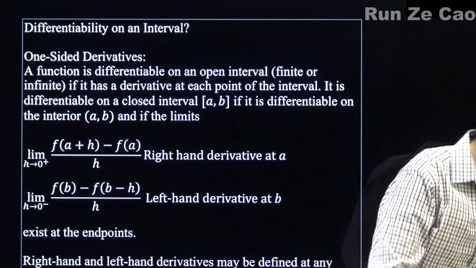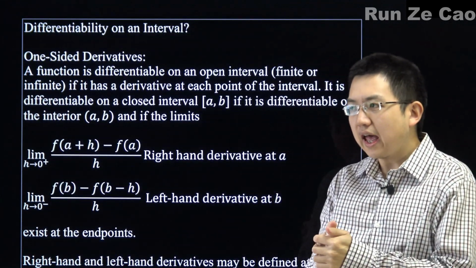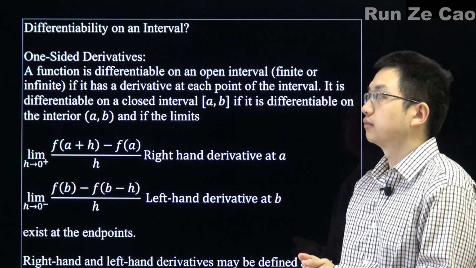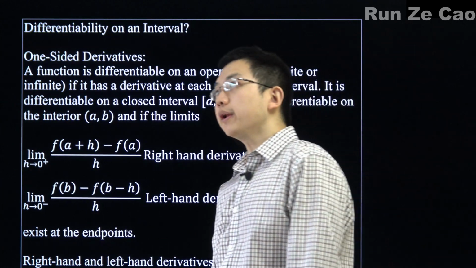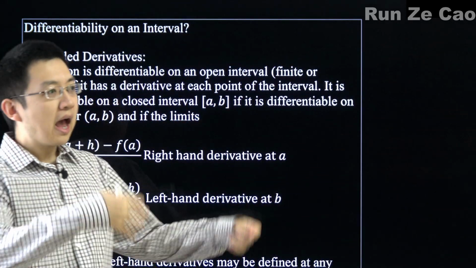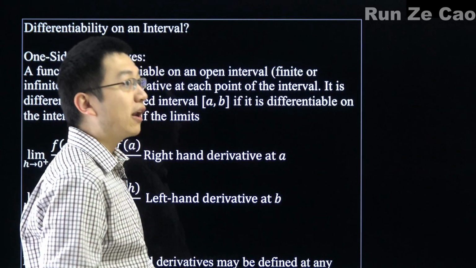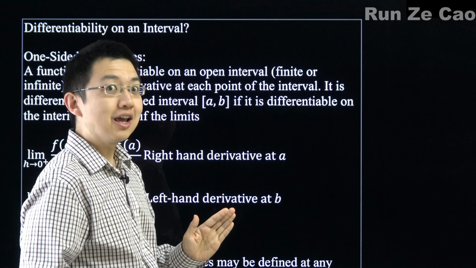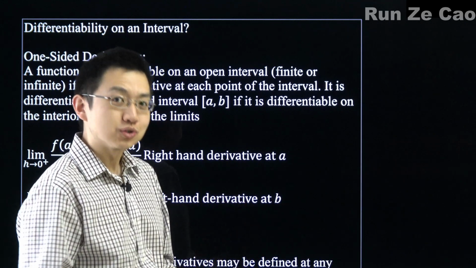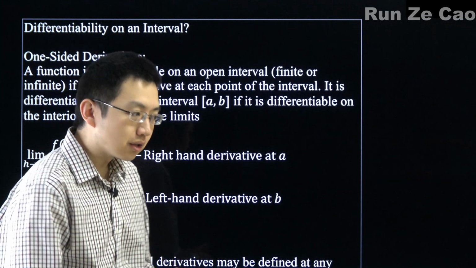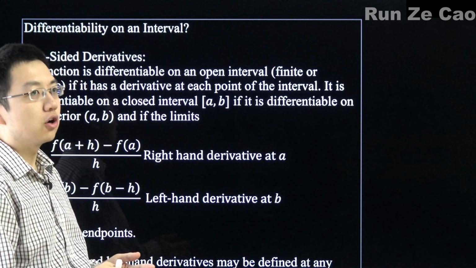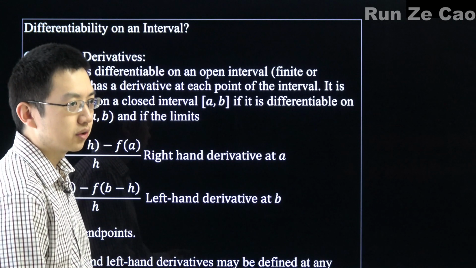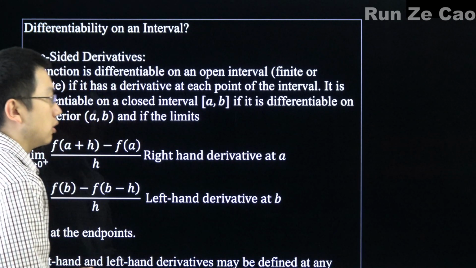Now, what happens when we look at closed intervals? So including the endpoints instead of open intervals. Well, on open intervals, we can say, oh, this has a slope here because no matter how close we get to an endpoint, we can always get closer. So we can get infinitely close, and then, well, infinitely closer.